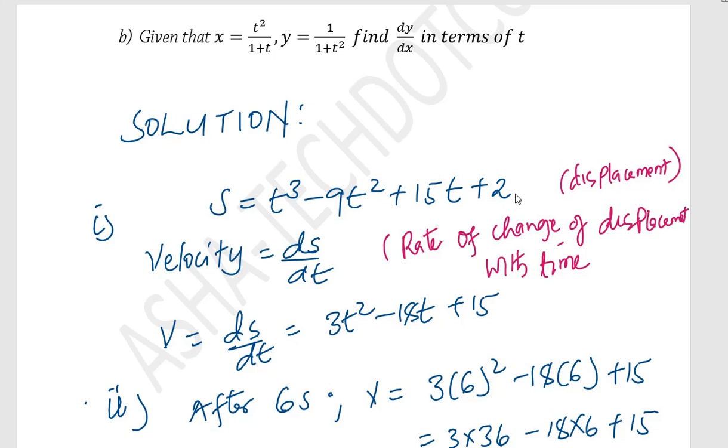The differentiation of a constant with respect to a variable, we shall have it 0. So we will have 3t squared minus 18t plus 15 as our velocity function, that is ds/dt is equal to 3t squared minus 18t plus 15. This is the velocity at any time t. That is what is required according to this question.